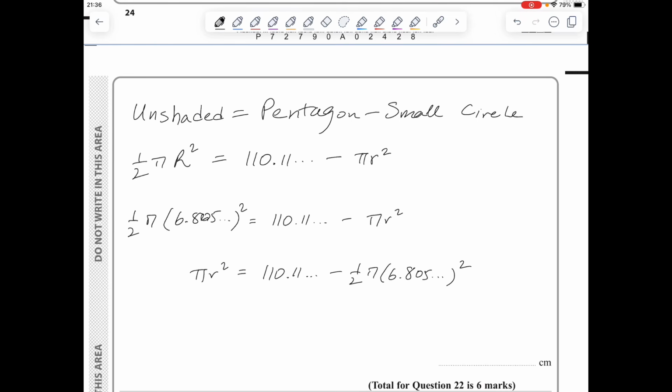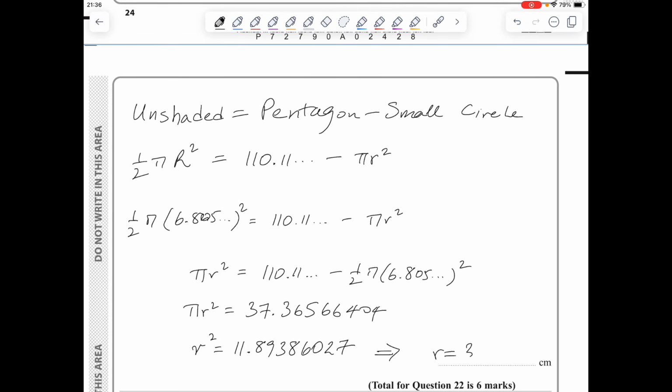Put this on the calculator and you'll get the following answer. Divide by pi, so r squared is equal to the following. And finally take the square root, so r comes out to be 3.845 centimeters to three significant figures.